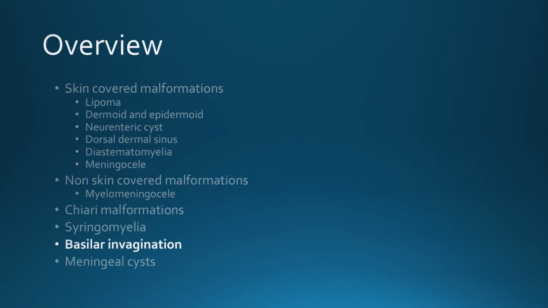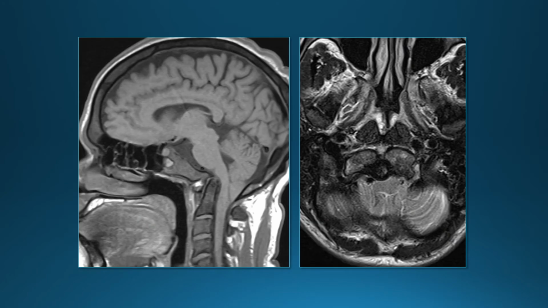Basilar invagination. So here's a sagittal T1 and axial T2 weighted image. We can see the skull base sticking into the spinal cord. You can see it here on the axials, and this is a patient with basilar invagination.